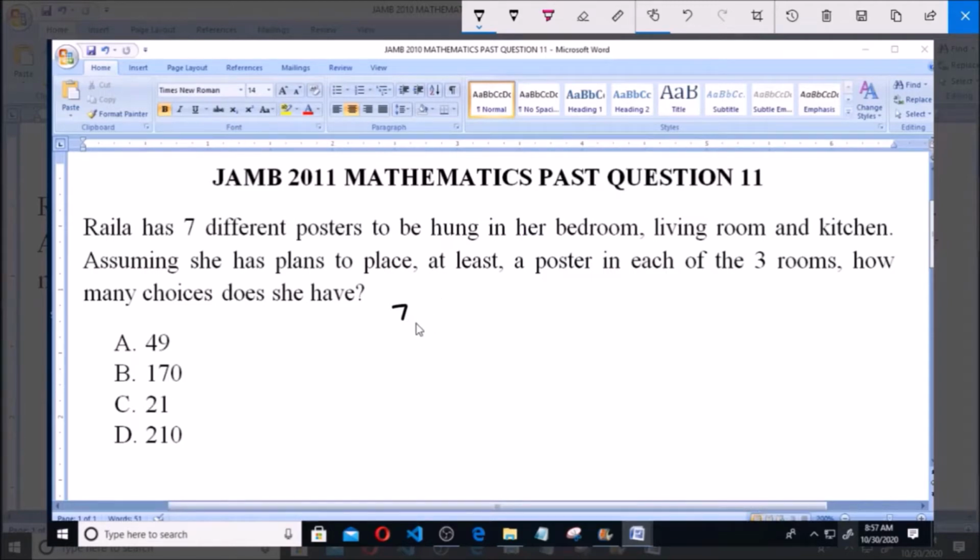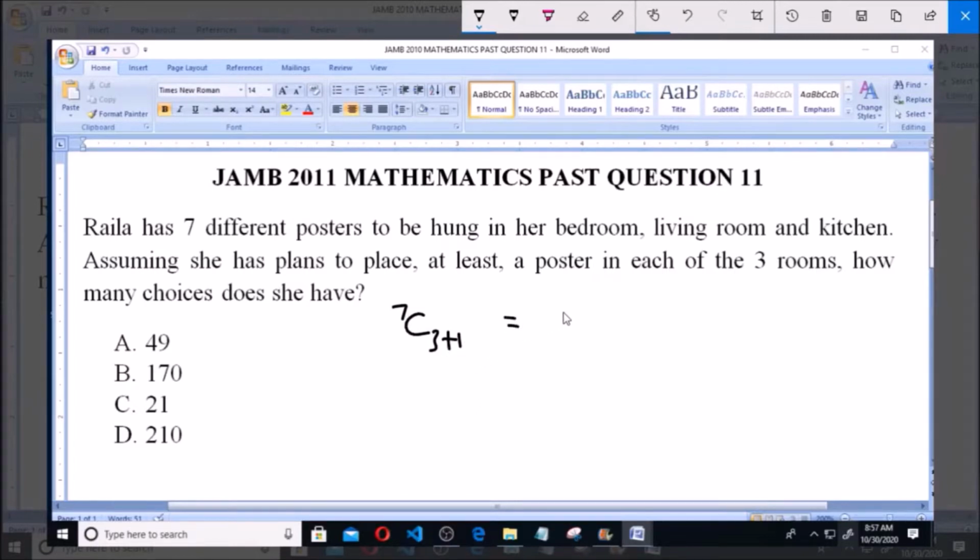Now this is a combination. Because she has 7 posters, this will be 7 combination 3, because there are 3 rooms: the bedroom, living room, and kitchen. But they say she has planned to place at least one poster in each room, so that is 7 combination 3 plus 1.